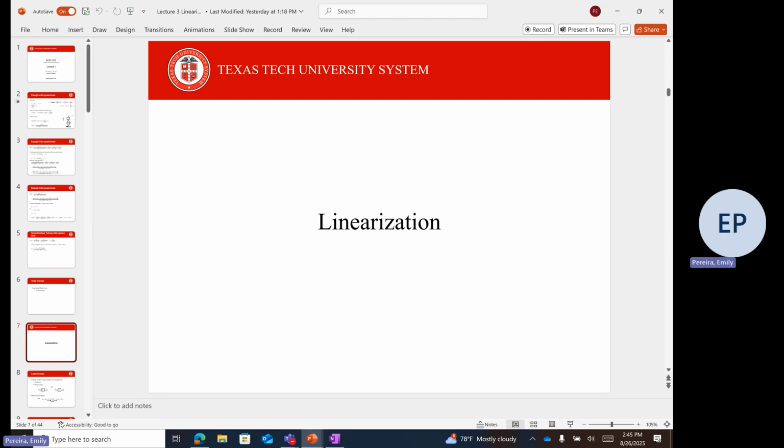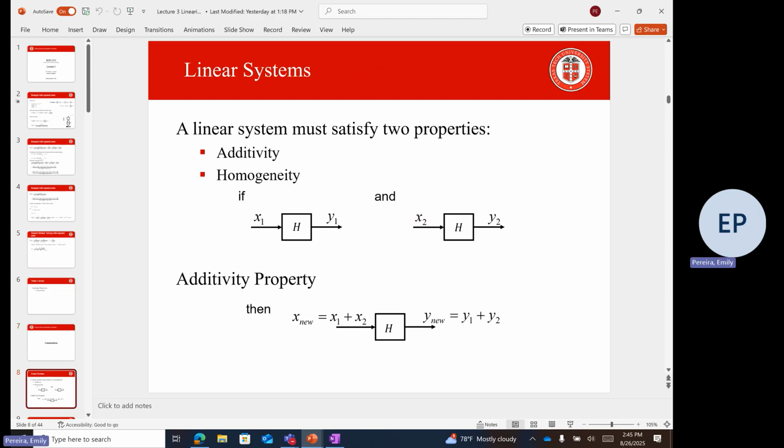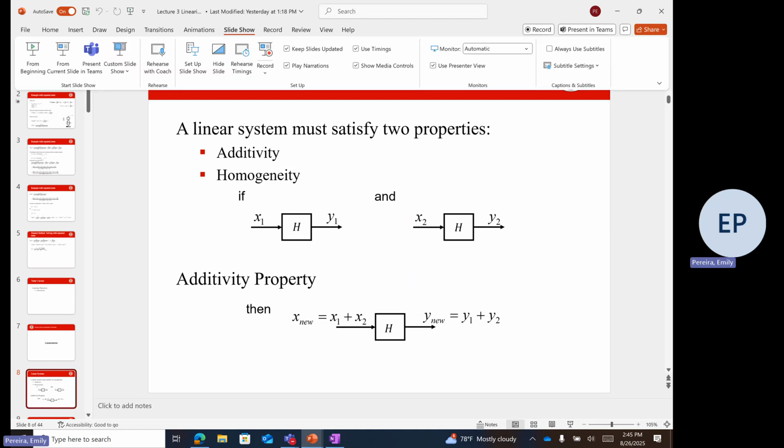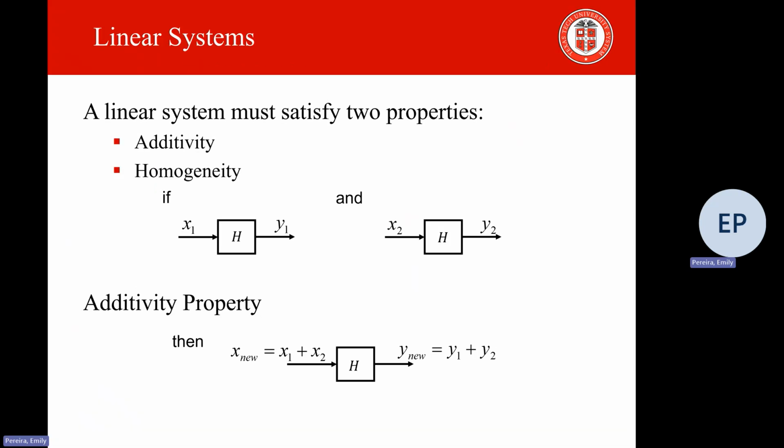So lecture 3 is all about linearization. So what do I mean by linearization? Well, remember we said that a linear system must satisfy 2 properties, additivity and homogeneity. So let me go into slideshow mode before I forget. If we have these 2 inputs and 2 outputs, then adding the inputs will result in adding the outputs.